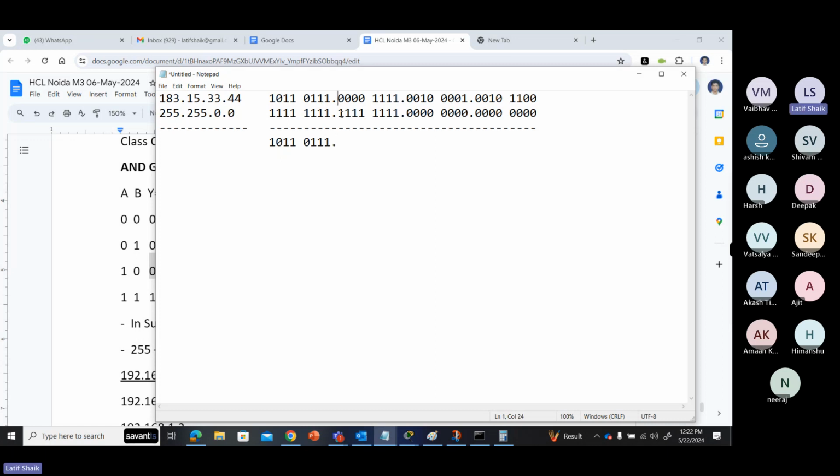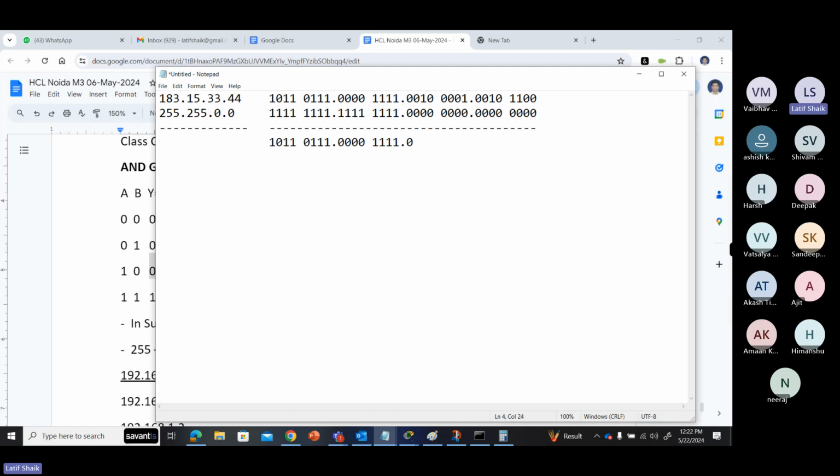Again 0, 1, 0. Here 1, 1, 1, 1. This is the 1, this is the 1. So 1 will come.